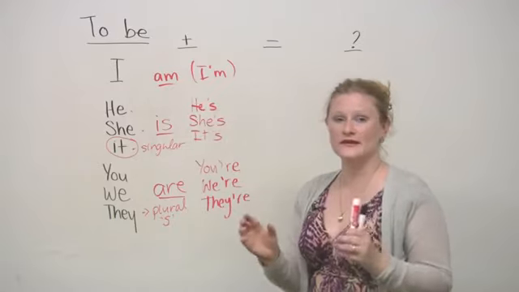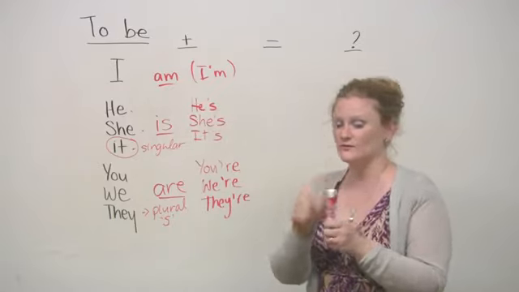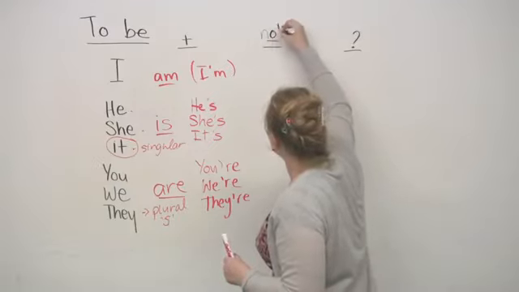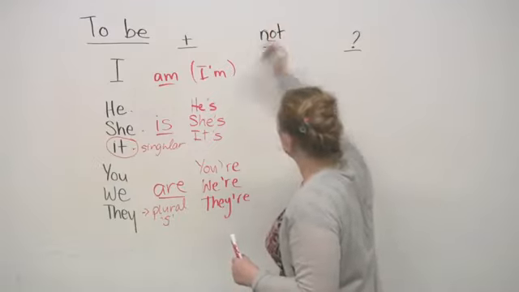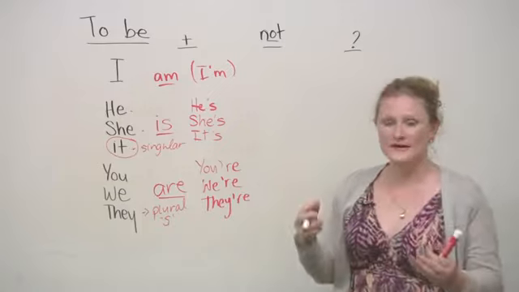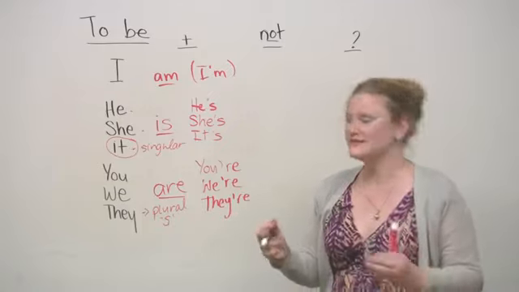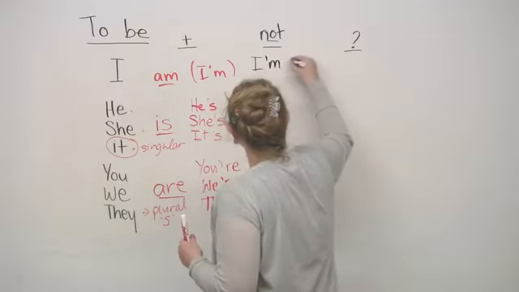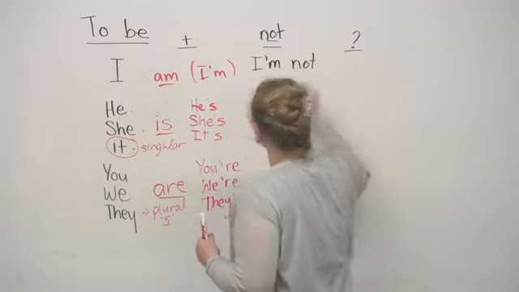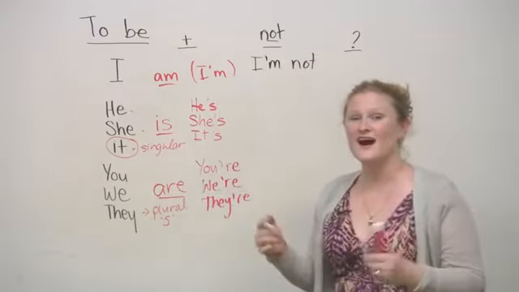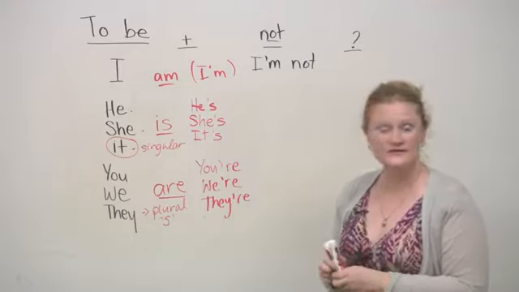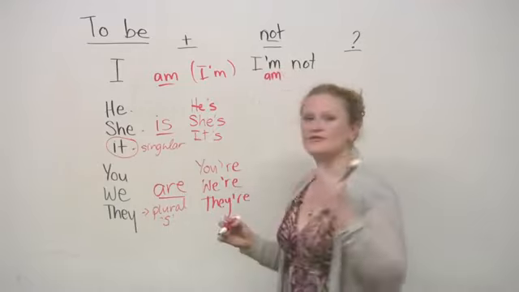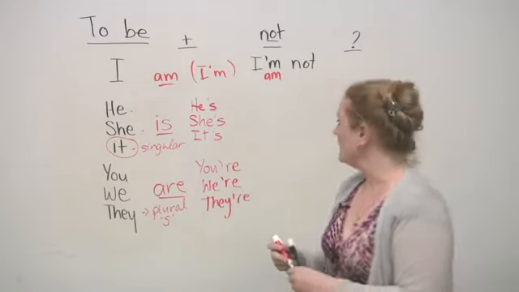What we're going to do with the negative is we're only going to add one word, and it is the same for all of the subjects. To make it negative, we put not. So for this one, we're going to write I'm not. Or you could say I am not. It doesn't matter. Normally, when we speak English, we would say I'm not.